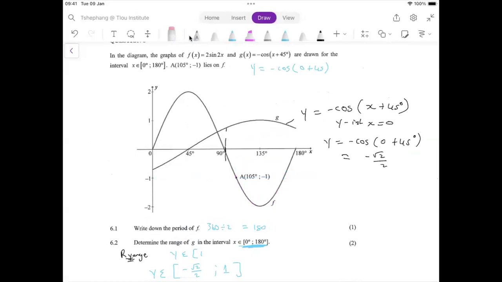Just clean this up. So -1 and +1. Okay, and then +1, sorry, that's +1, and then -1 would simply be at that particular point.